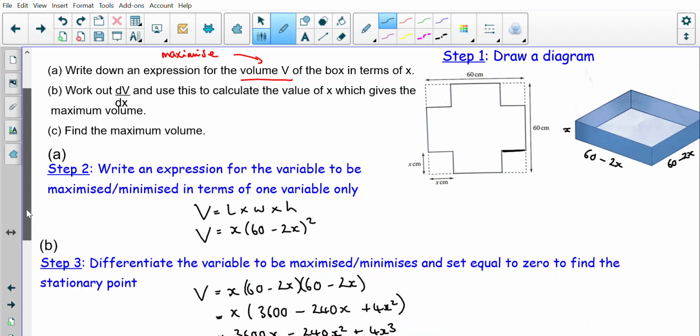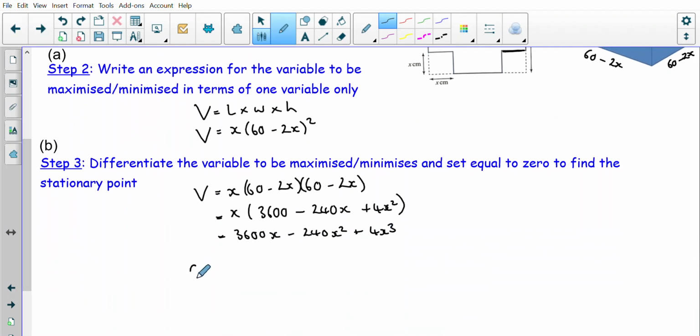Now we've expanded the brackets, we can differentiate. This time, because I'm differentiating V equals, it's dV by dx, not dy by dx. We differentiate in exactly the same way.